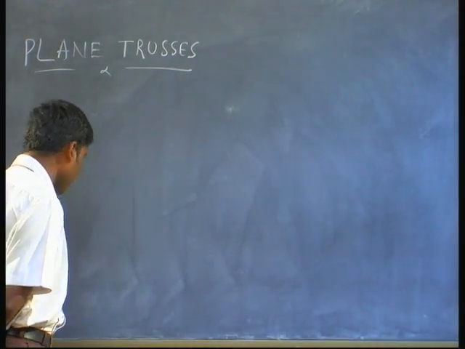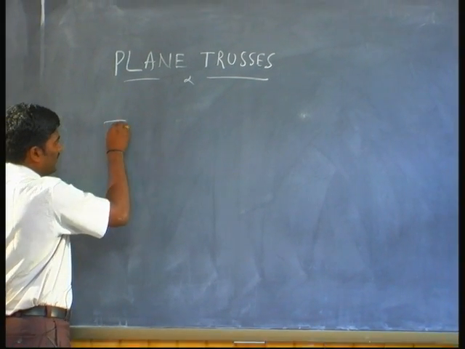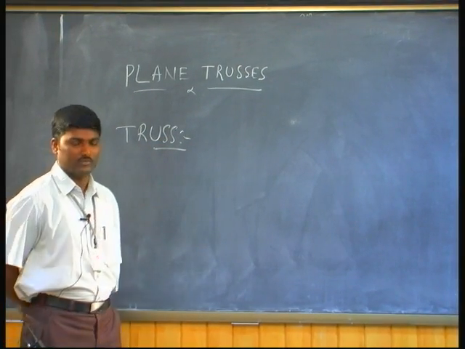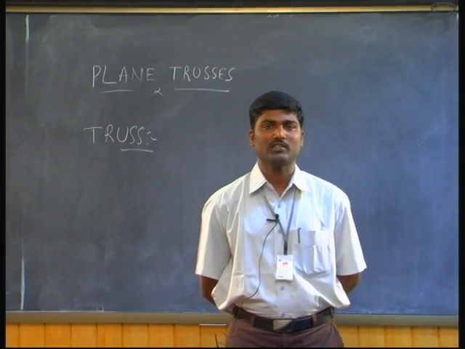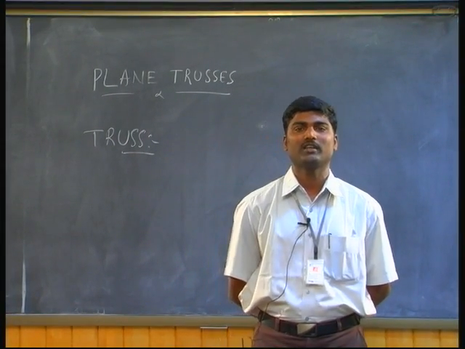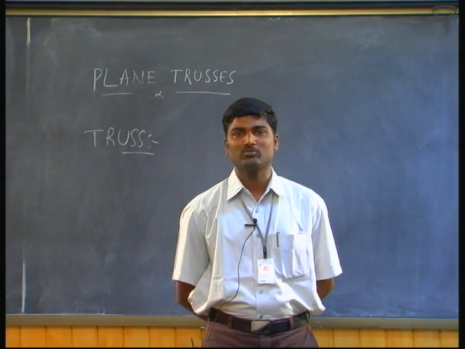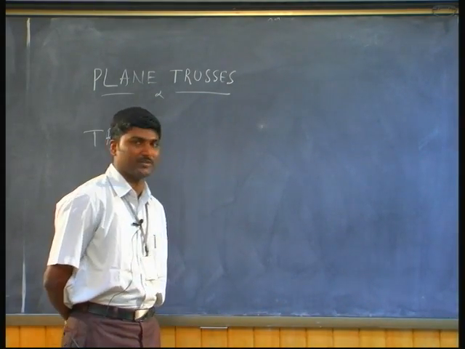What is a plane truss? First, let us see what is meant by a truss. Truss means a system of bars which are connected at their ends by smooth pins, in the sense that they have no friction. Okay.